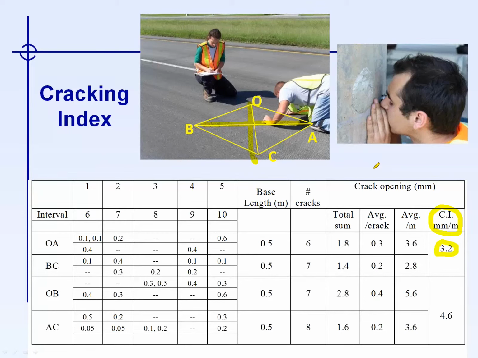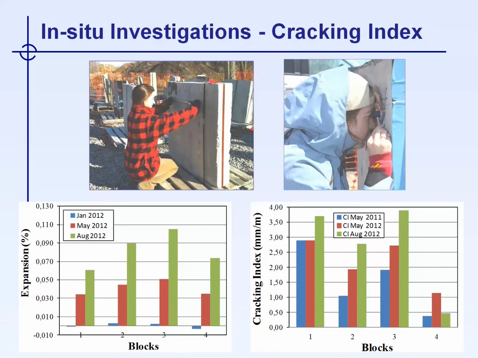So with time, if you run that cracking index every second year, for instance, you can determine whether the cracking index is increasing with time. This is going to give you an idea of whether or not ASR is actually progressing inside the concrete.